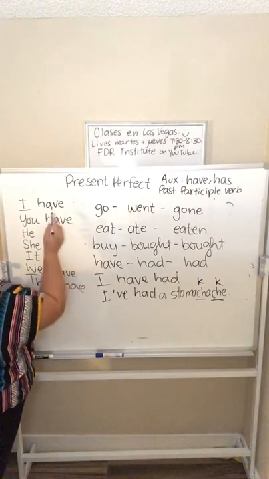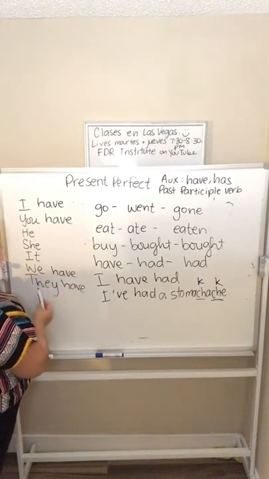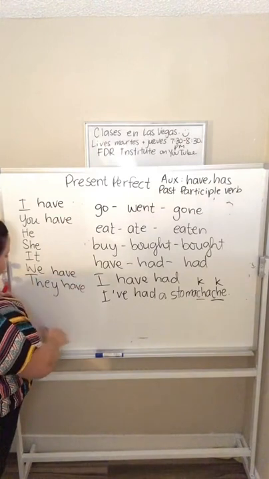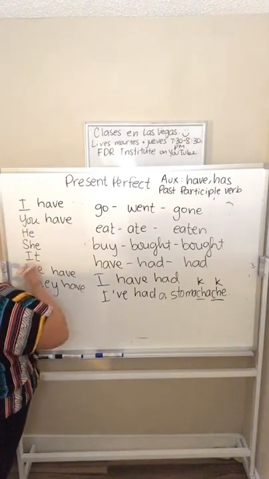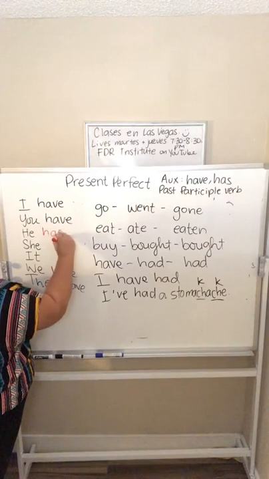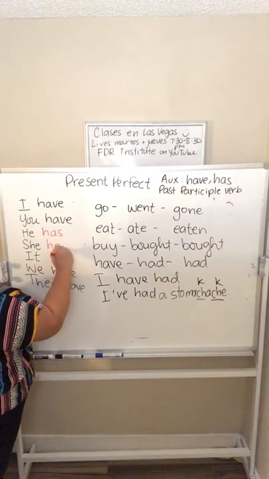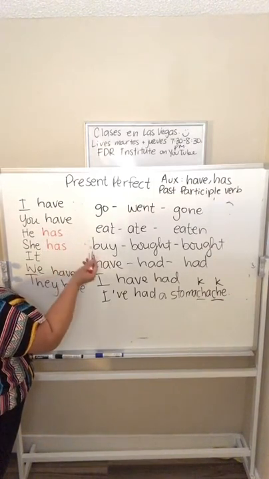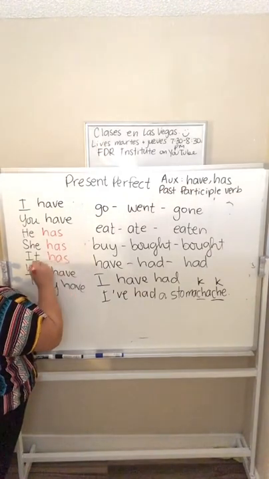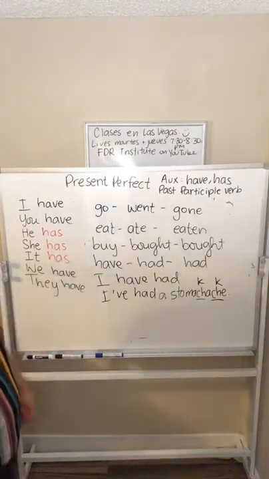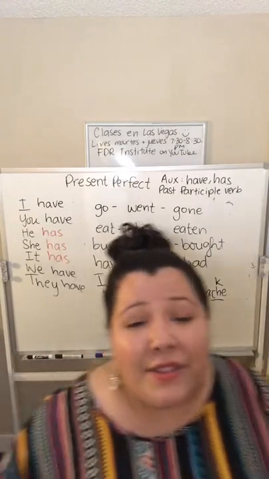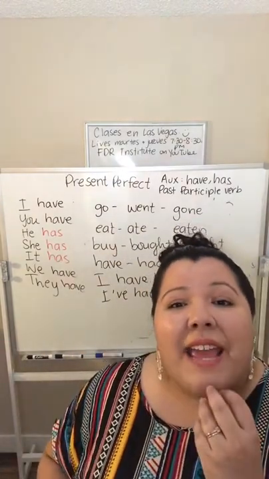They have, right? Yo tú has, hemos, han. Cuando es he, she, it, utilizamos has. He has, él ha. She has, ella ha. It has, pues depende de lo que es el it, right? Pero ha.